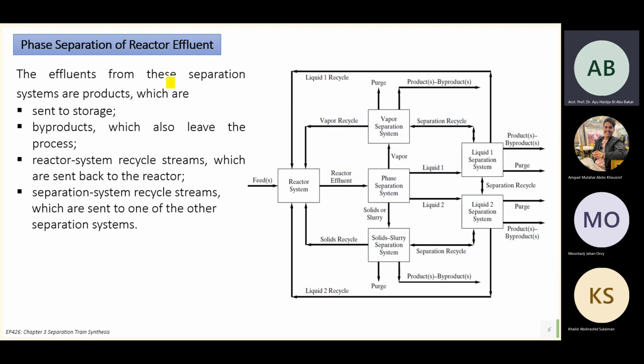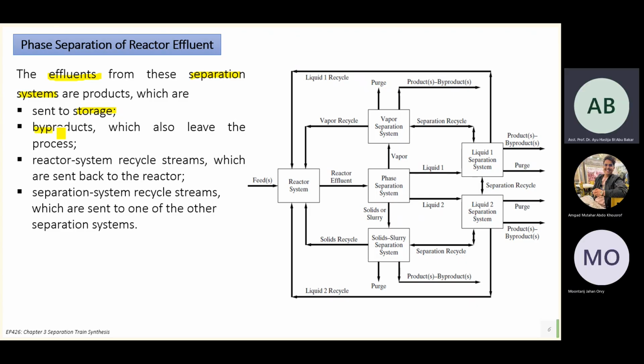Okay, usually effluents from this separation system are products which need to be sent to storage, or byproduct, or a recycle stream, which is then sent back to the reactor, or a separation recycle stream sent to the other separation system.